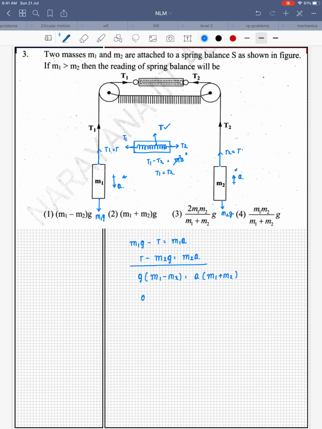So acceleration equals g into (M1 minus M2) by (M1 plus M2).